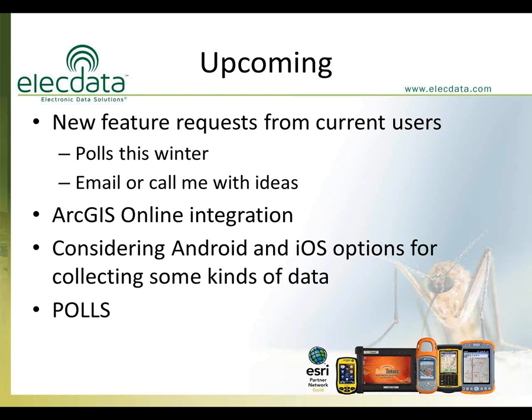Please fill those polls out if you've already received them, or feel free to just email or call me with any additional ideas. A couple of things that we're considering and asking for some input on is ways to possibly integrate Sentinel information with ArcGIS Online. Some of you have used that, but it's a really nice way to share information with people outside of your organization, or possibly with the public through web maps.